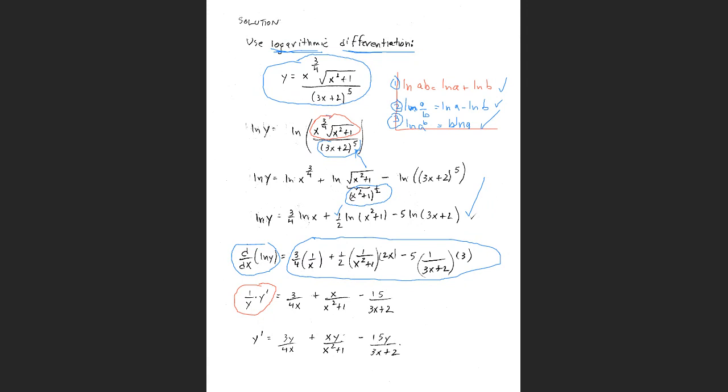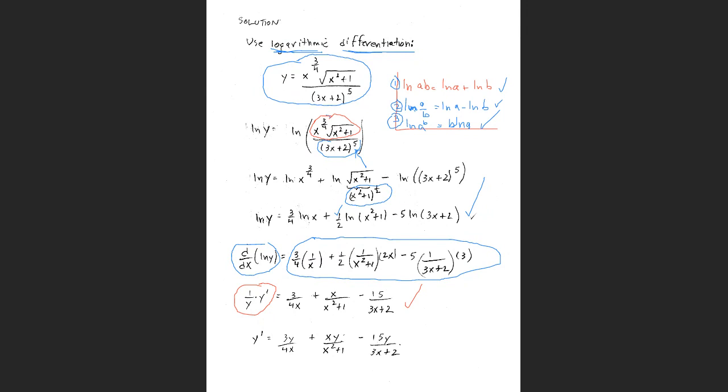Good, Lynn. Good, John. Implicit differentiation. Boy, you can see how useful that is, right? All right. Well, now I can multiply through by y both sides of this equation.